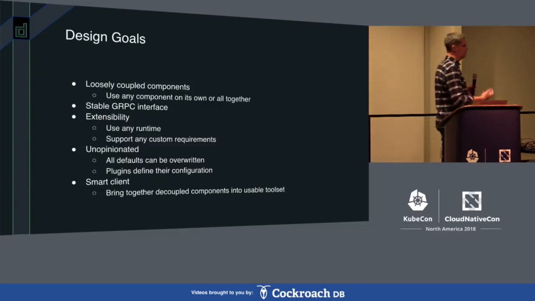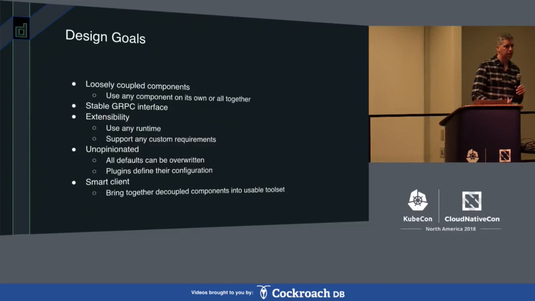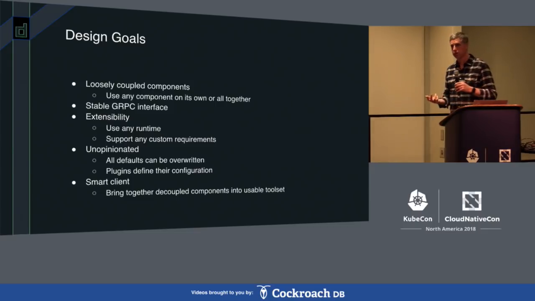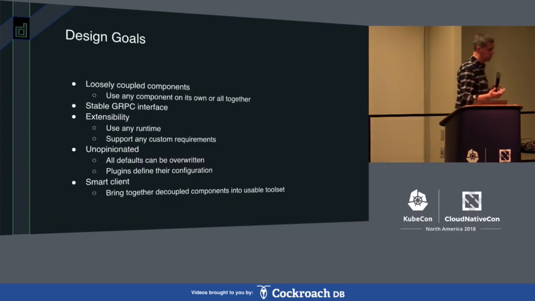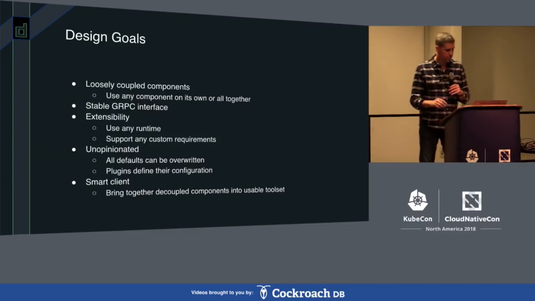Having stable APIs, we have a very clear support policy within the Containerd project. You can clearly see, there's no breaking API changes between point releases. All that's very clearly stated with clear end dates for support. And then unopinionated.